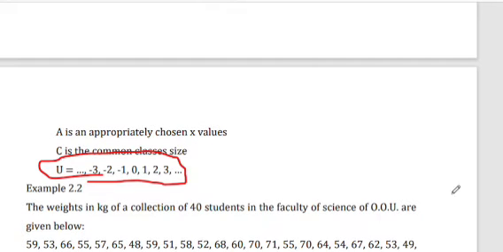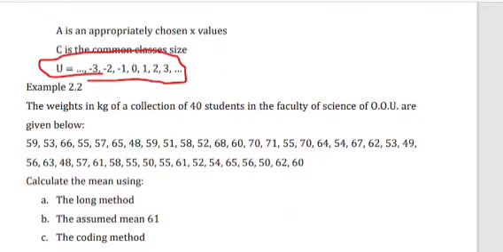So let's look at this example, example 2.2. Okay, let me read the question. The weight in kilogram of a collection of 50 students in the Faculty of Science of OOU are given below.